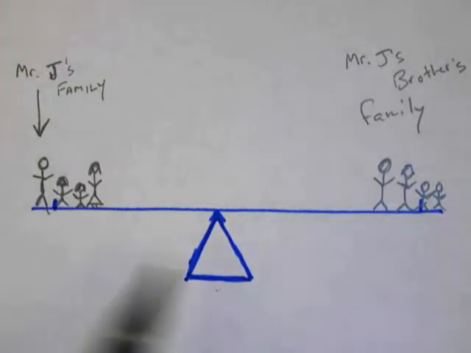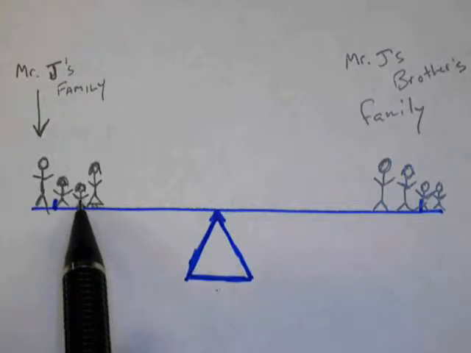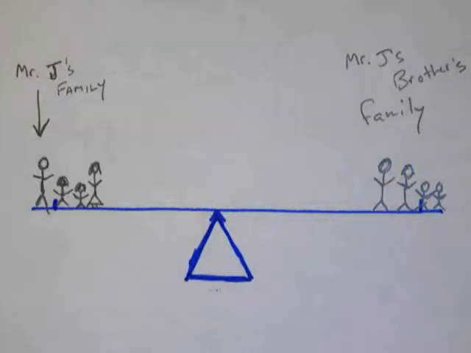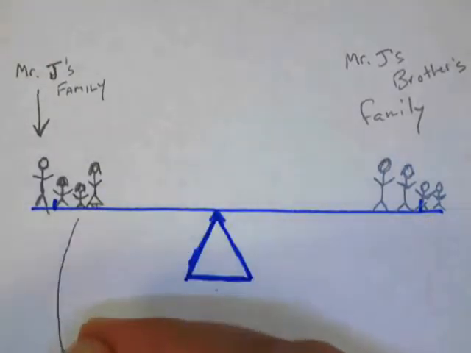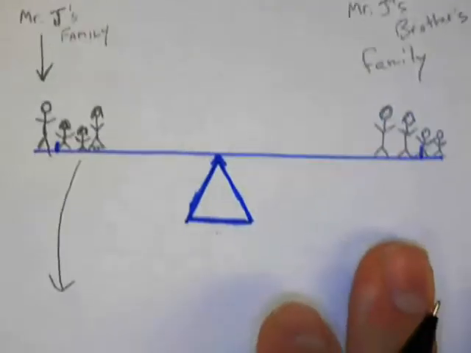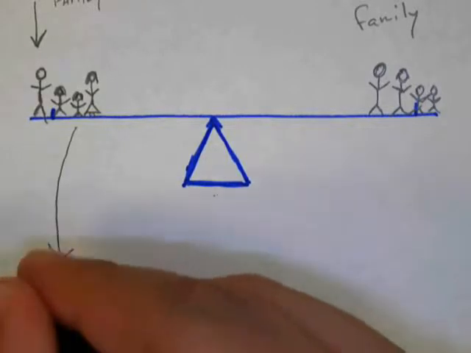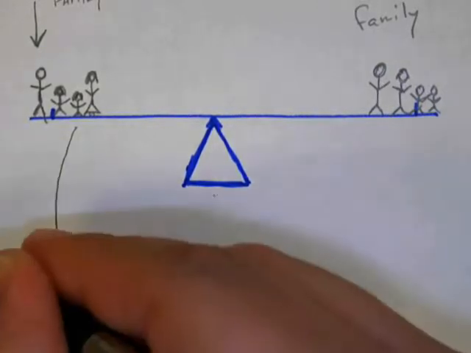Now, the subtraction property of equality says that if you take something away, and you take the same amount away from the other side, it'll still be balanced. Let's say Capri over here decided to go down the slide, a really awesome slide. I'm sorry, my drawings are terrible.